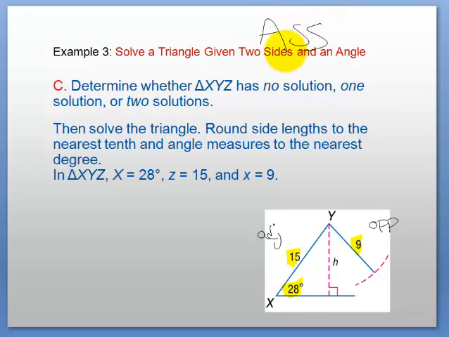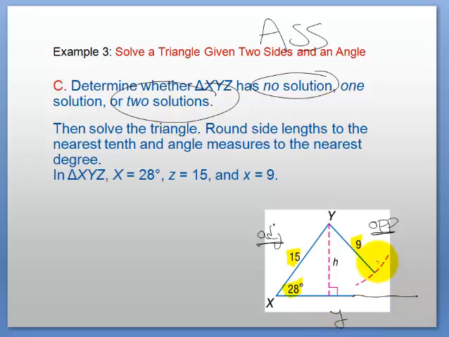The second assessment is that our opposite length is shorter than our adjacent length. So therefore, I am now in the situation where I either have no solution or two solutions. No solution means that this length of 9 is not long enough to reach this side of y.